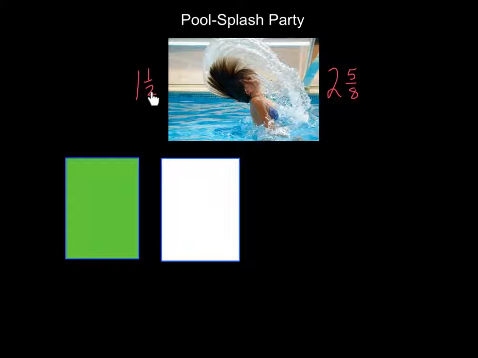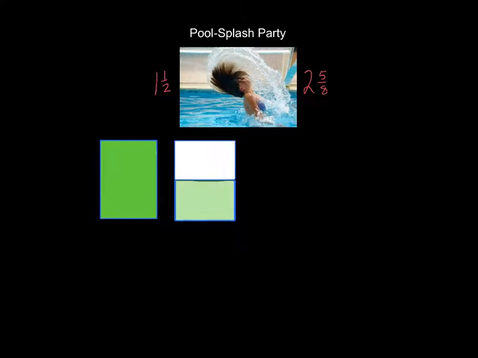Now if I have two parts, I'm going to draw one line right down the center, and now I simply color in one of these parts, so I have 1/2. I'm going to just make that a little bit bigger here. There we go. Okay, so now I want to draw the 2 5/8.